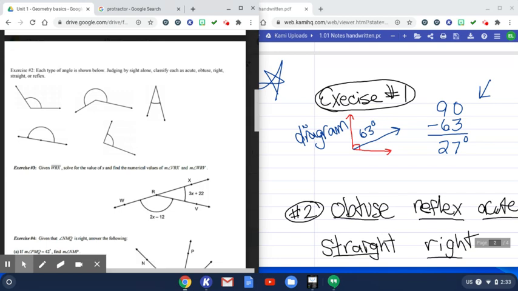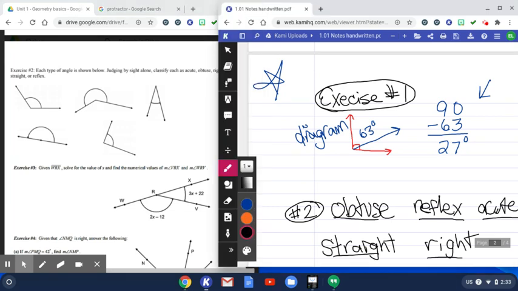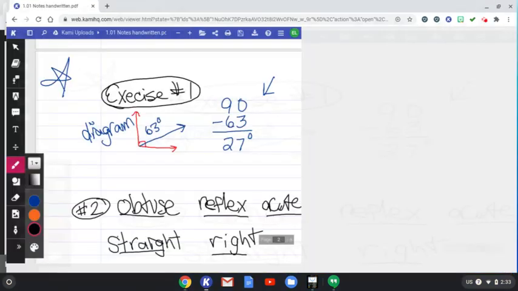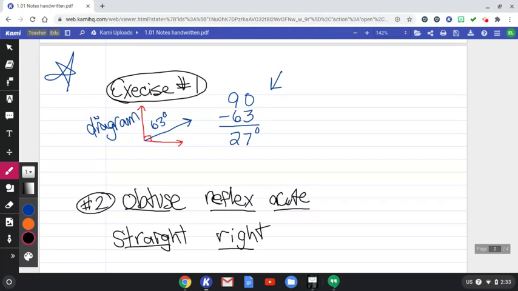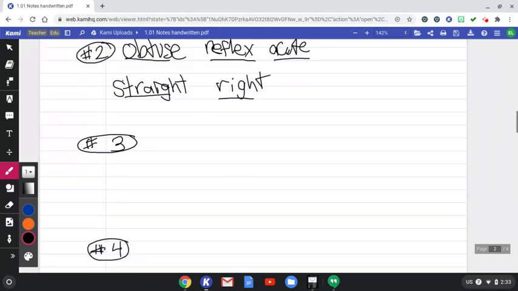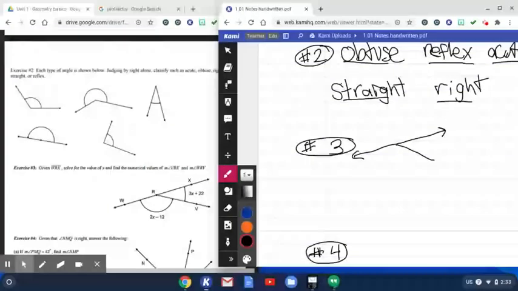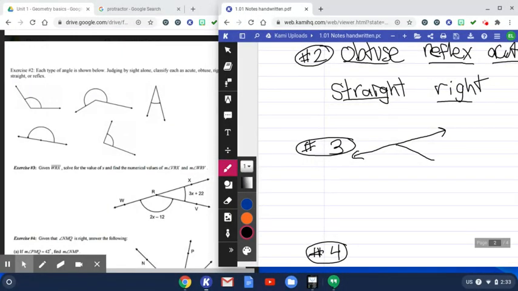So this being a straight angle for exercise 3 here, we have the straight angle and the ray coming out. I'm going to minimize. We have this side being 3x plus 22.